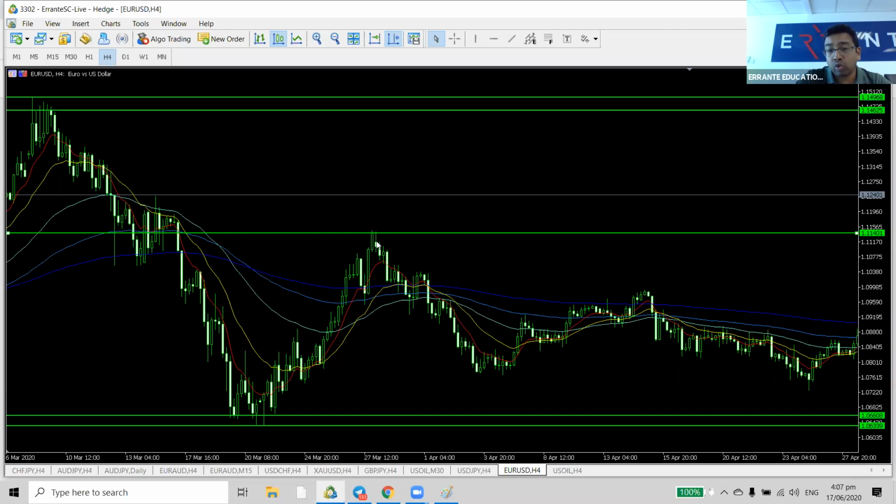So if you were to wait for that to go to 1.1150, you would have reversed before reaching 50. Hence the reason we want to get out 10 pips under 50. So 10 pips under 50 is 1140. If you took your take profit at 1140, you are safe, and it actually reversed exactly on the spot, and it came down, right? So then it came down to this area right here.